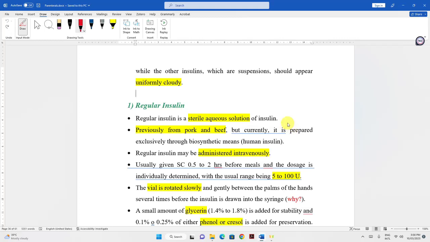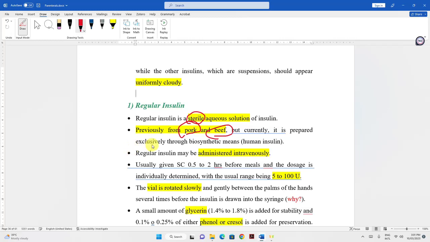Now, the first thing we will talk about is regular insulin. Regular insulins are available as aqueous solutions, and since we are talking about injections, these are of course sterile. In the old days, many years ago, they were derived from pork and beef, porcine and bovine.